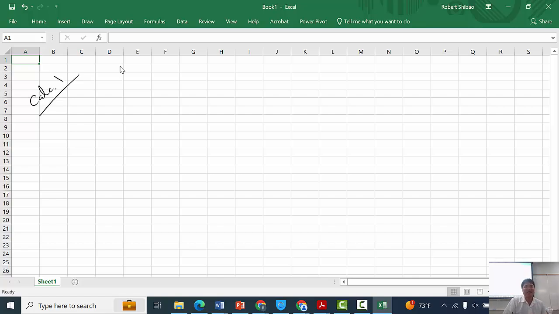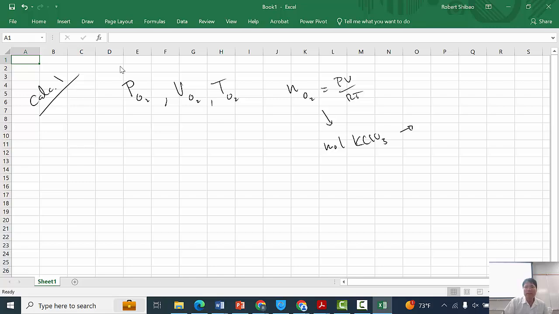For Calc 1, what we're going to do is trap the oxygen gas, and then we're going to get the pressure of the oxygen, the volume of the oxygen, the temperature of the oxygen, and then calculate the moles of oxygen. From the moles of oxygen, we're going to calculate the moles of KClO3.